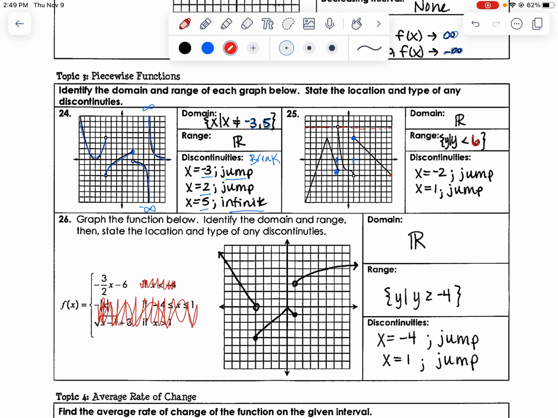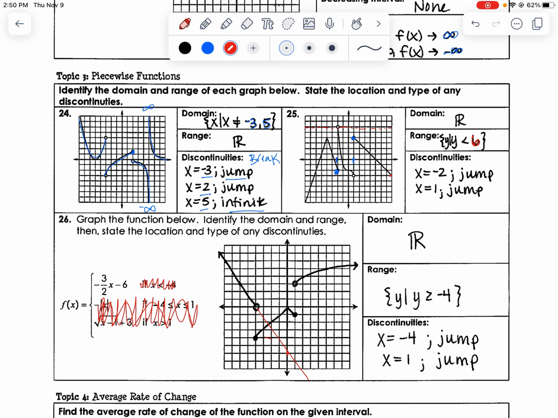If I just asked you to graph -3/2 x minus 6, that would be a line with a slope of -3/2 that would have a y-intercept at -6. So what I'm asking you to do here really is think of this as graphing the line, right, that would continue this way.